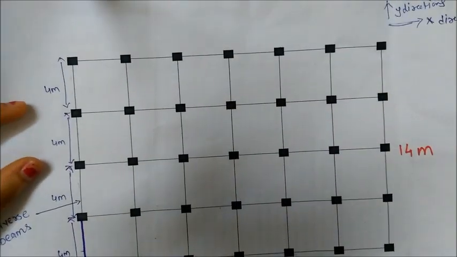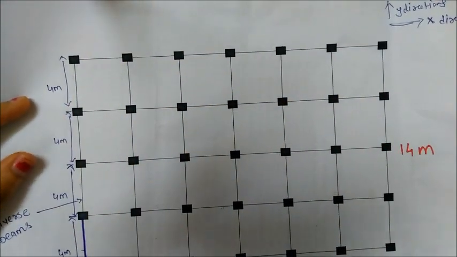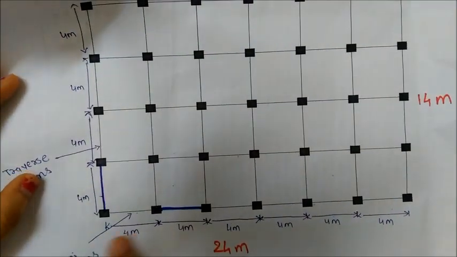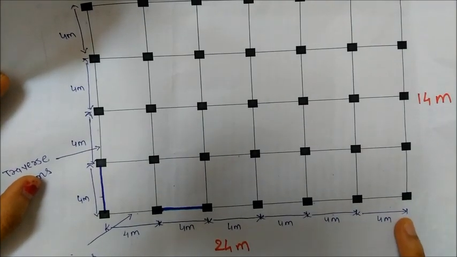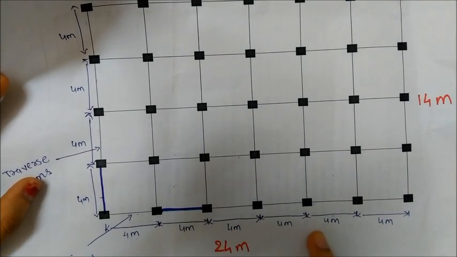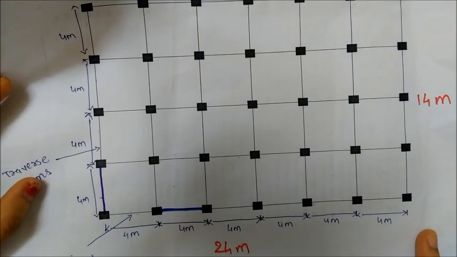Whatever longitudinal lines and transverse lines you can see for the beams, the same lines you have to consider for your walls too. For that, first of all we have to calculate the self weight of a particular wall.